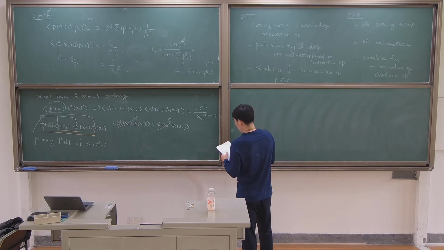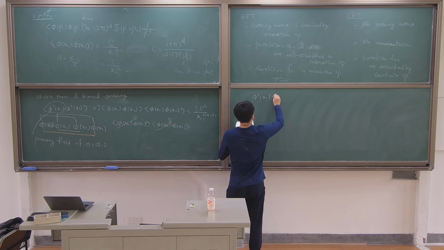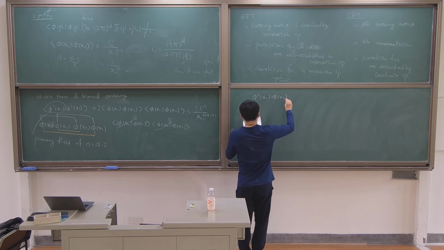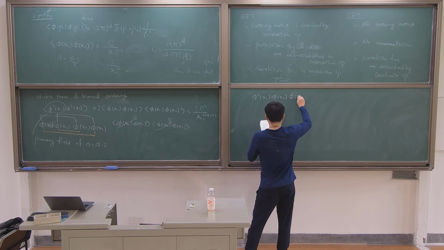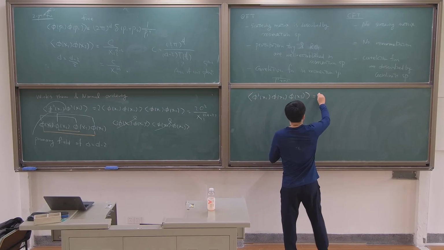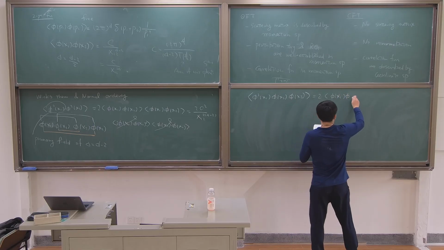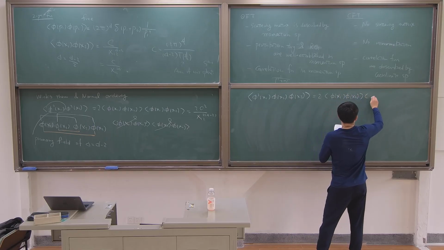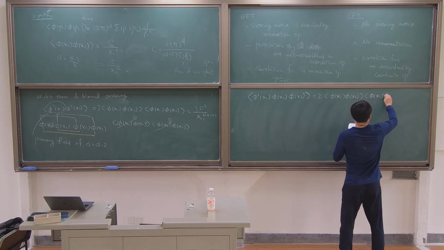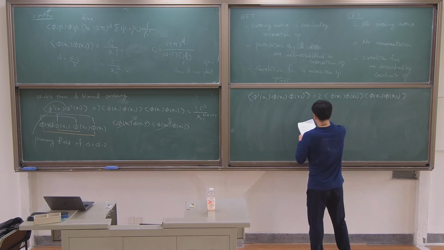The other thing, the 3-point function, one can also compute. And this one is equal to 2c squared.